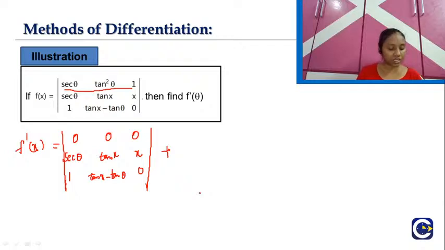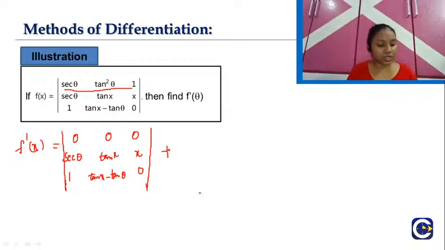Arun and Shyam have done it. Okay, Tara also got it. I'll just quickly write the solution here.